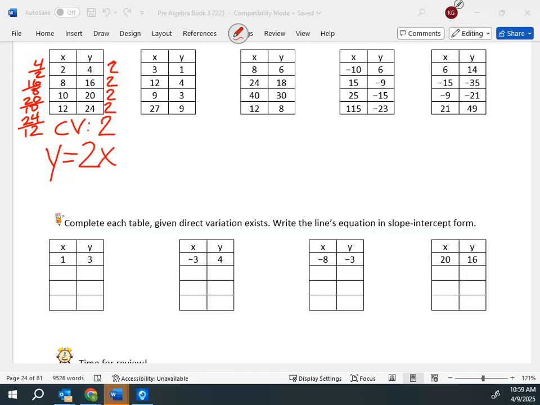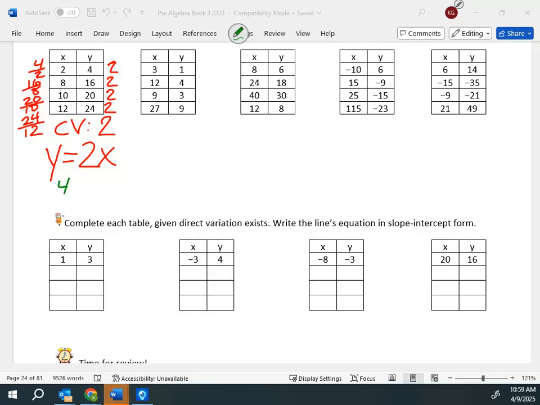Because remember, what did we find for that y-intercept? It's always 0. Let's see if that's true. Is it always 0? So let's check it. We're going to take our x and y and our slope, and we're going to check, is the y-intercept actually 0?